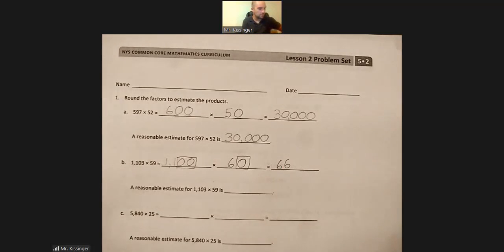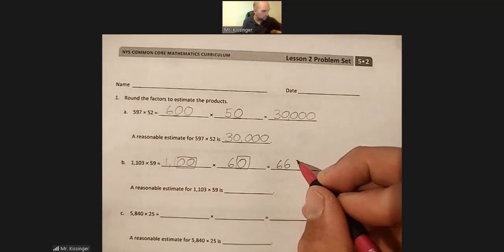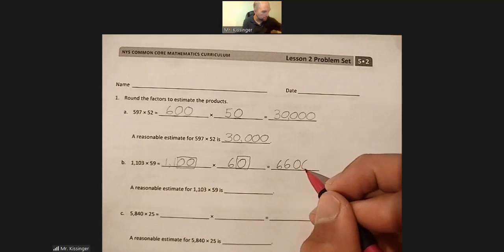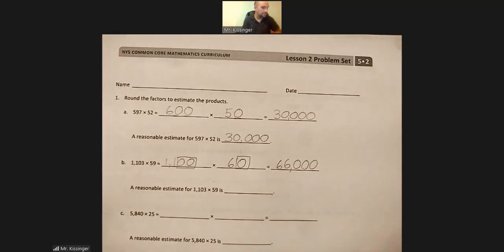And then we'll add our zeros back on. We have 1, 2, 3 zeros. And we have 66,000. So 1,103 times 59 is about 66,000.